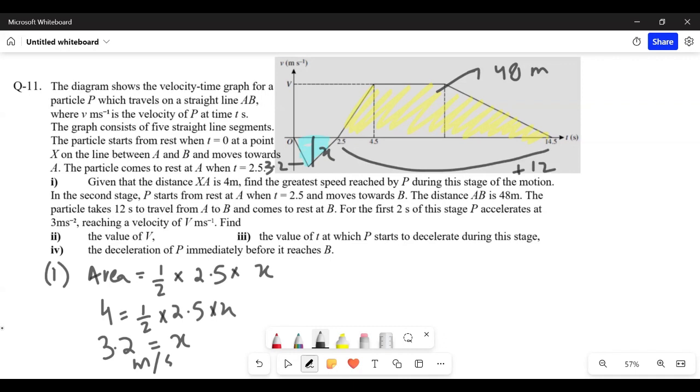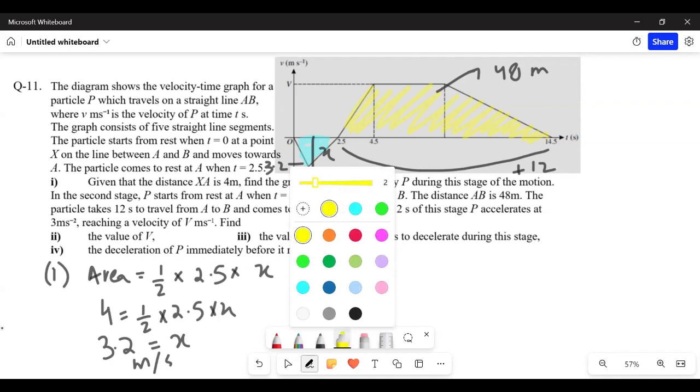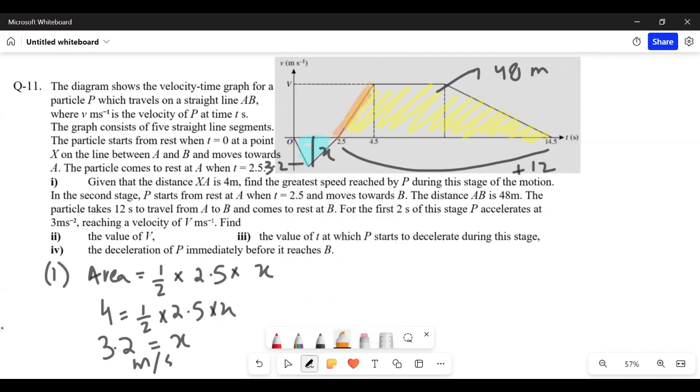For the first 2 seconds of this stage, P accelerates at 3 meters per second squared. The acceleration is given for the first stage. Acceleration is the gradient, rise over run.